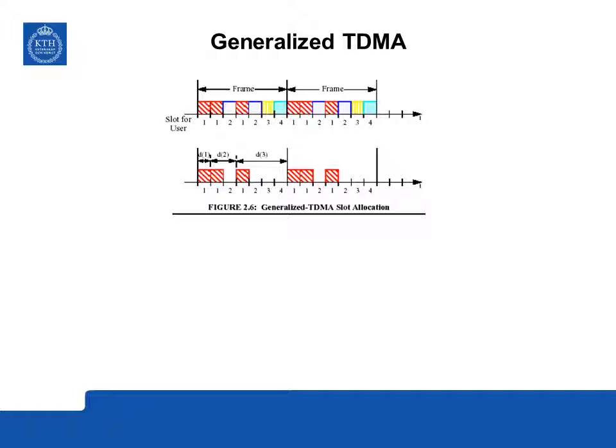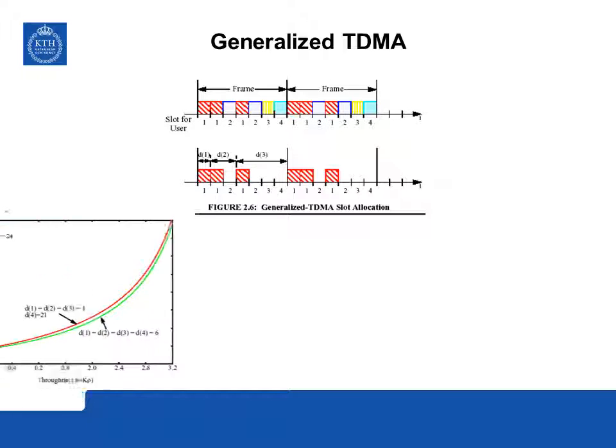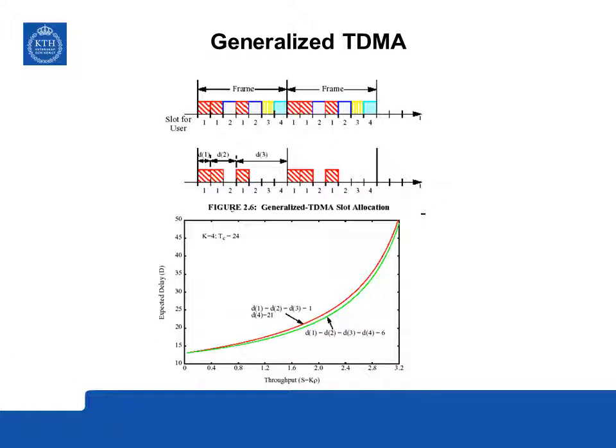And that's of course a difficult combinatorial problem, in particular if you have a small frame size and a few users. The example shows here that some differences can be achieved depending on the different gap patterns that are used in the allocation of slots in this generalized TDMA scheme.